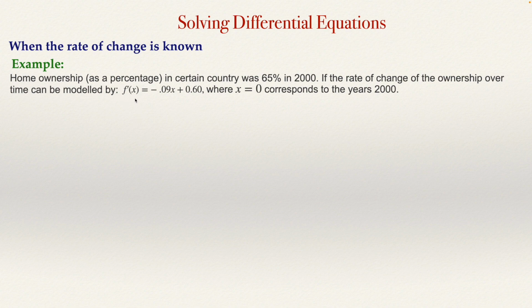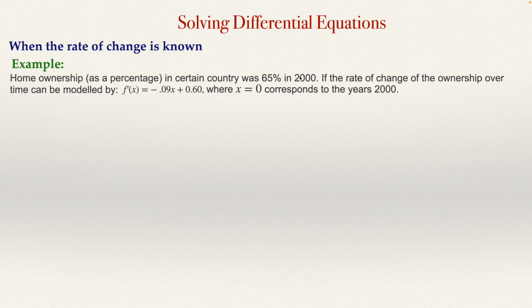So this is a problem in which we know the rate of change, and then we can get how the home ownership in that country will be at whatever moment, in percentage. Notice the value of the home ownership was 65% in 2000.